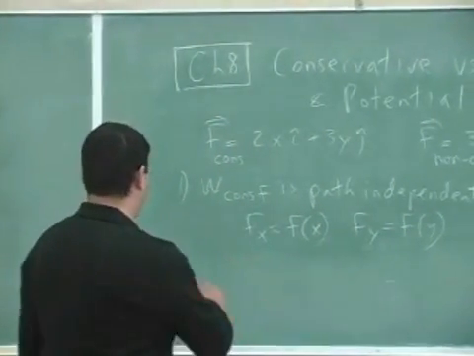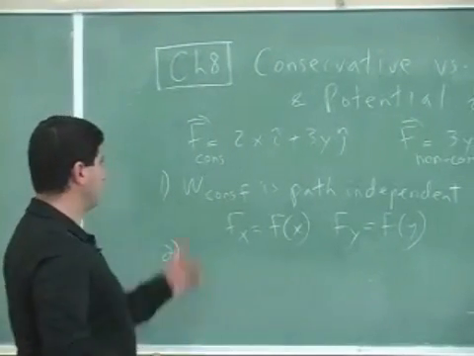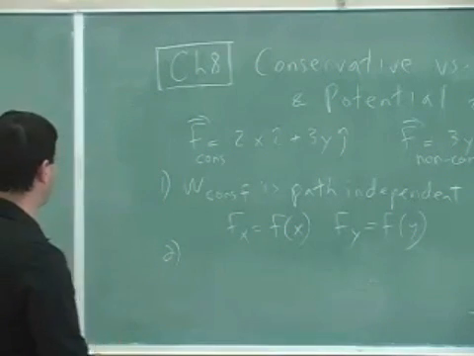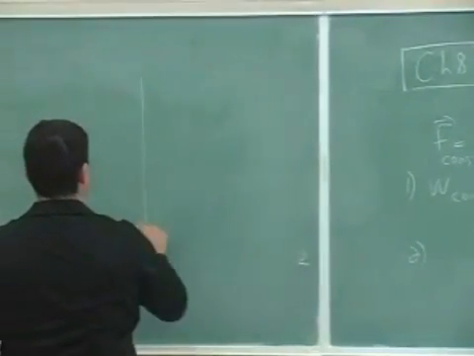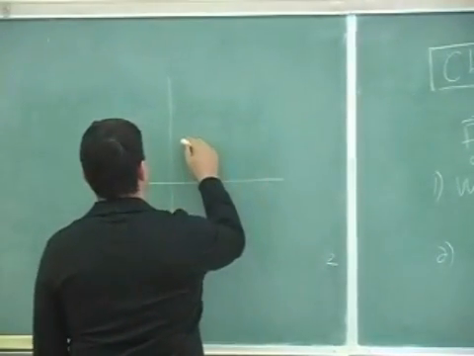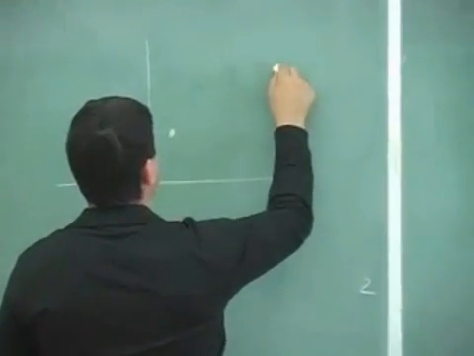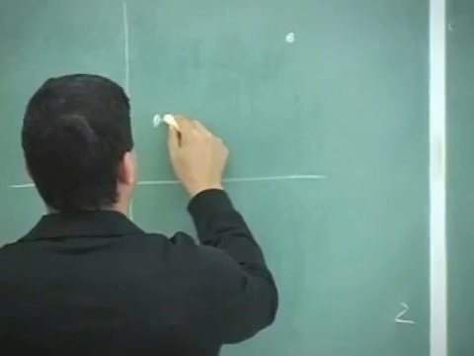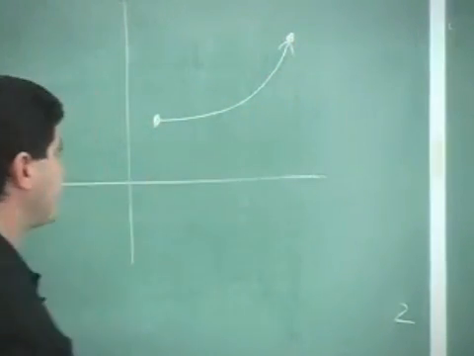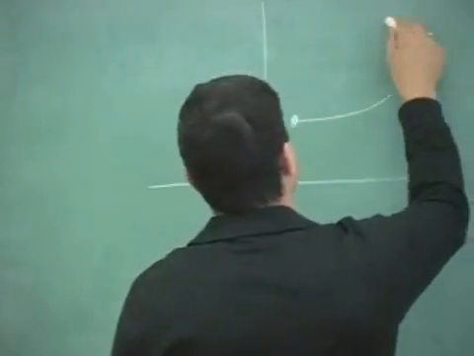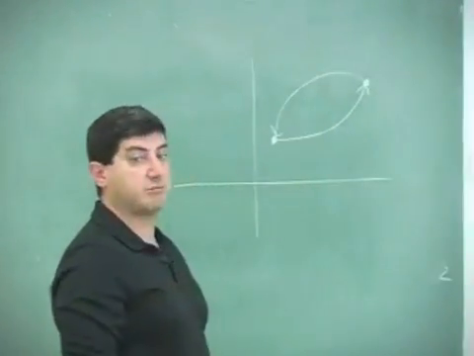The other characteristic of either of these forces is this. If a particle goes across a full path, let's say the particle starts out here and goes from this point to this point with this kind of a path, and then returns with this kind of a path to the same point.